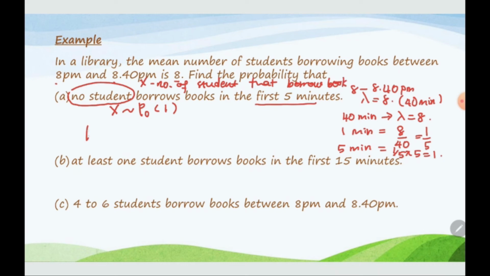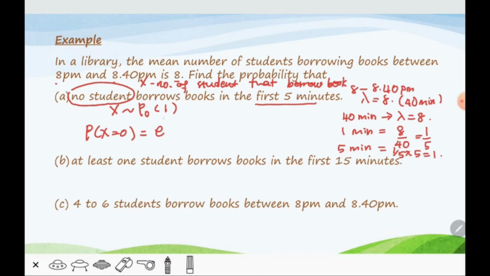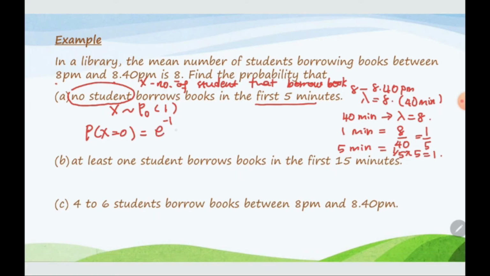Okay, so P(X = 0). So we have to use the formula to make it easy, e to the power of negative 1 times 1 to the power of 0 over 0 factorial. So when you calculate in your calculator, you get 0.3679.